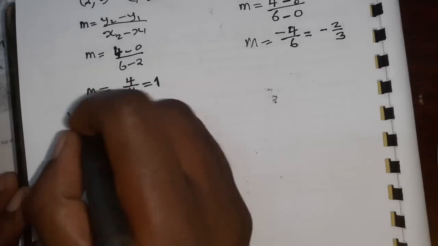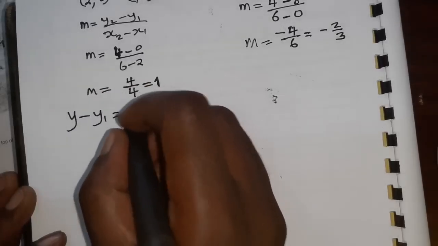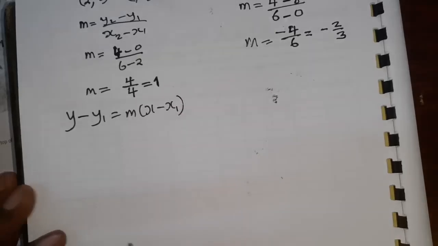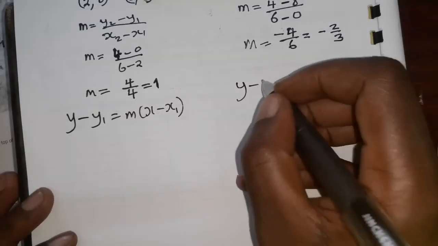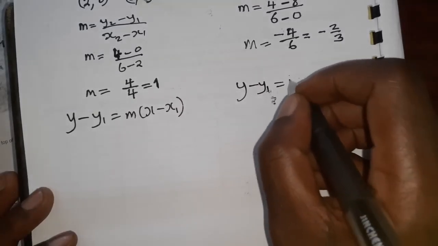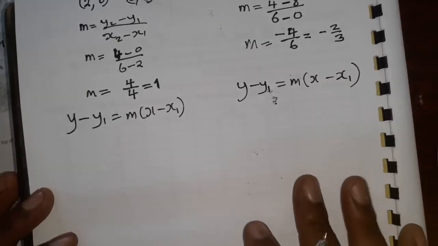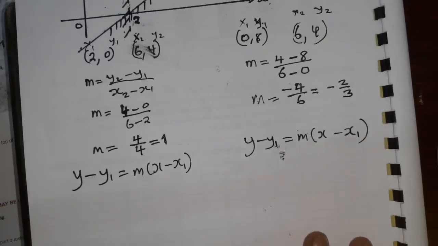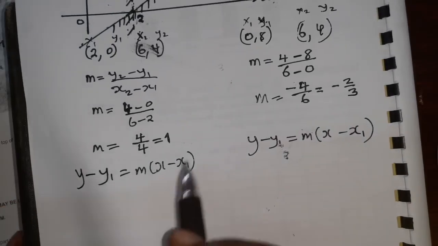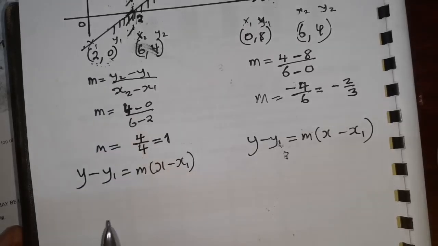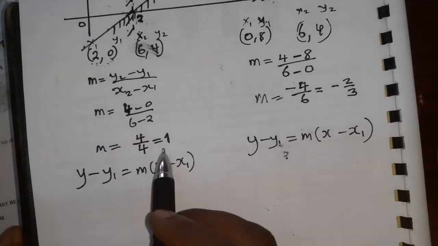And then after we have done the gradients, now we need to write the actual equations by using this formula, even here. Okay? So with regard to which point that you pick, we go for this one here. You can go for this one. Our gradient is 1.